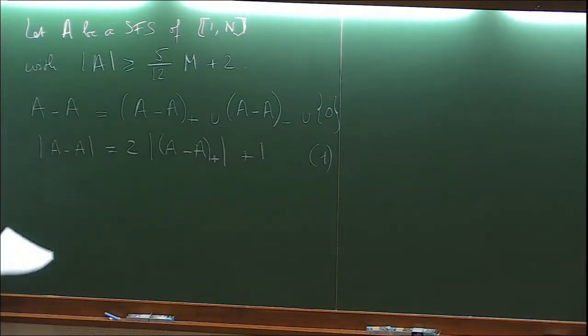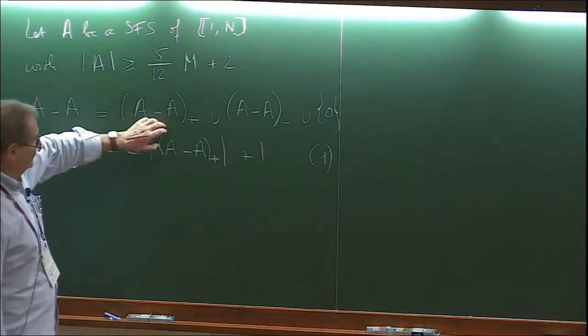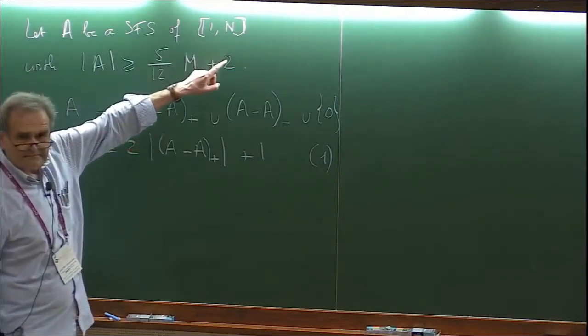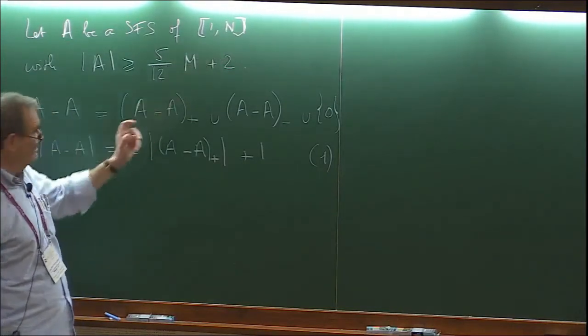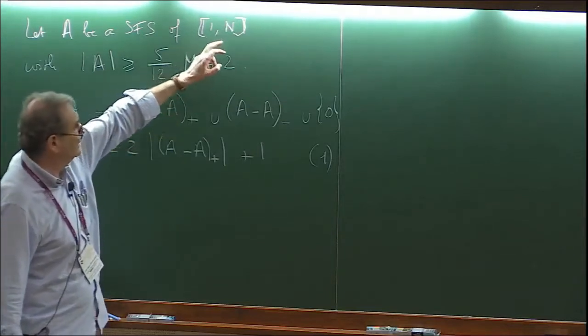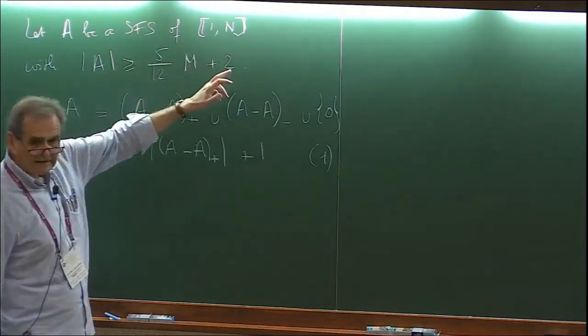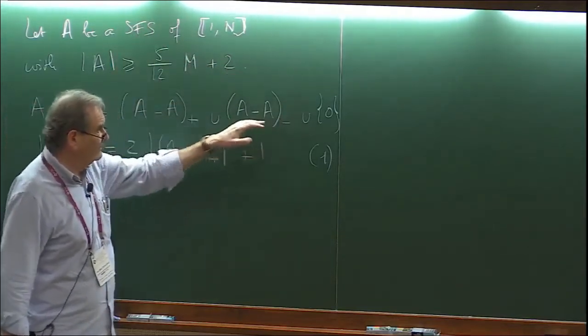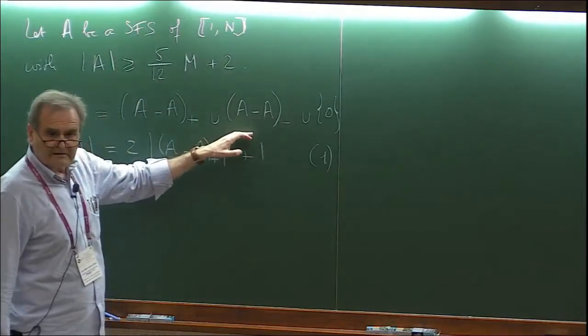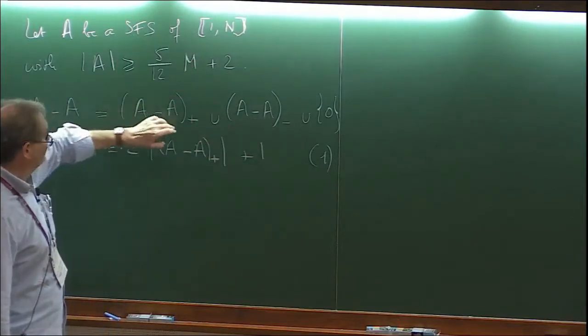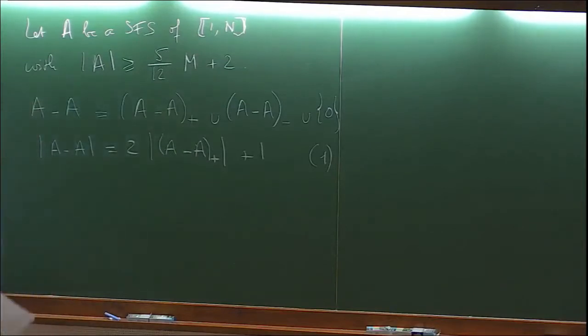Now we know that A is sum-free. So this is interesting because this set is also in [1,N]. You are taking the difference of 2 elements which are between 1 and N, so it is between minus N and N. You don't have the set 0 and you don't have the negative elements, and so all these elements are in [1,N] too. Okay?